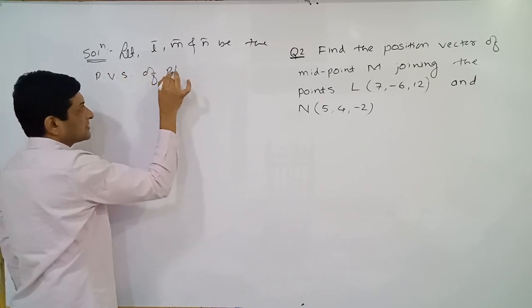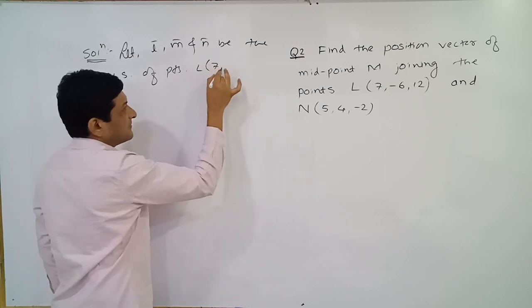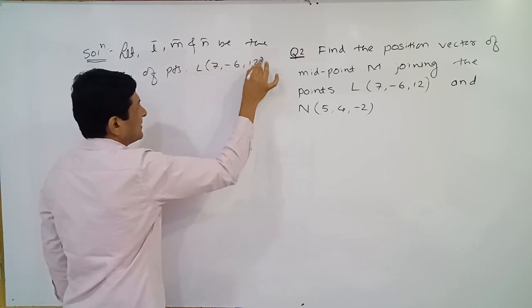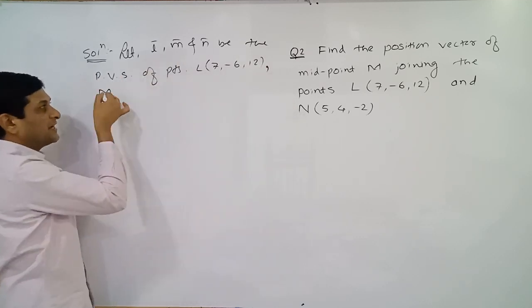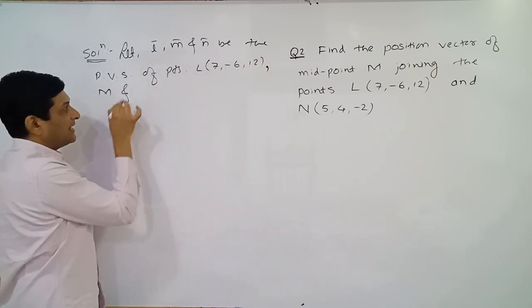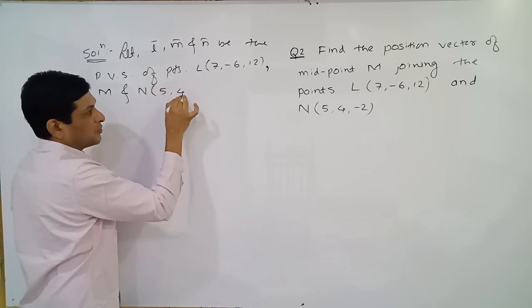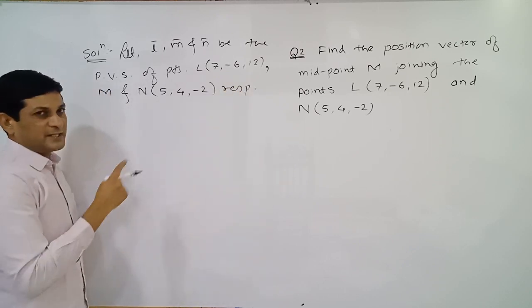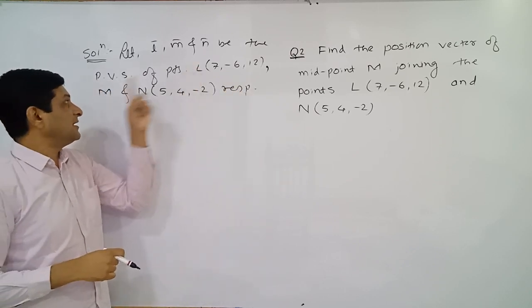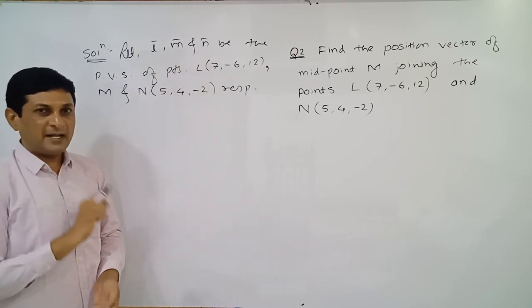of points L, M and N. What are the coordinates of L? 7, -6, 12. The coordinates of M are not given, and the coordinates of N are given to us as 5, 4, -2 respectively. So there are 3 points in our example, L, M and N, and we have denoted their position vectors by L bar, M bar, N bar.